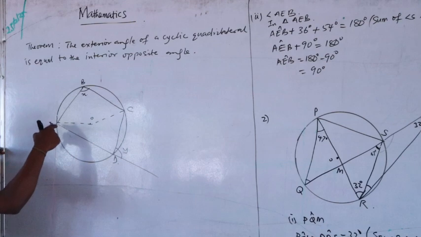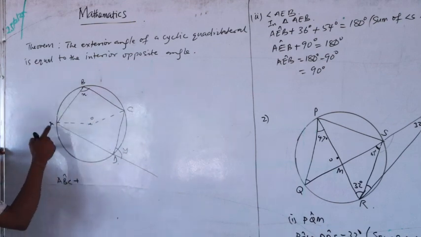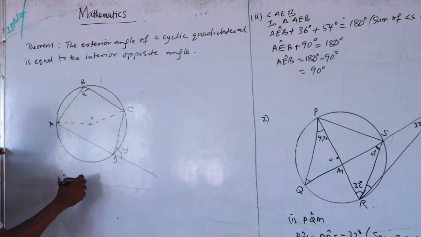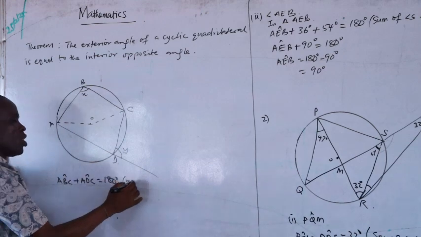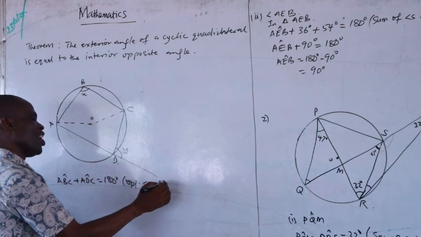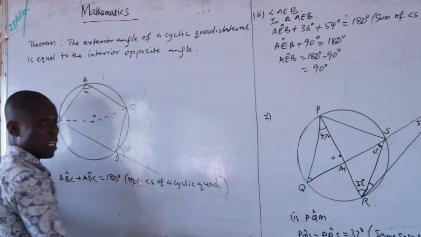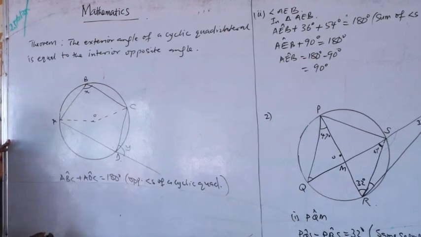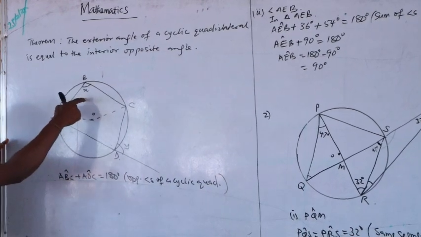Let me have this as ABC plus ADC is equal to what? 180. Reason: opposite angles of a cyclic quadrilateral. And we already know that ABC is X according to my own diagram.